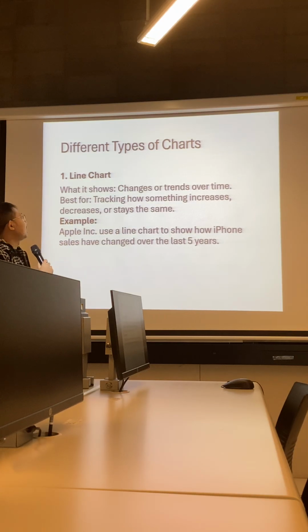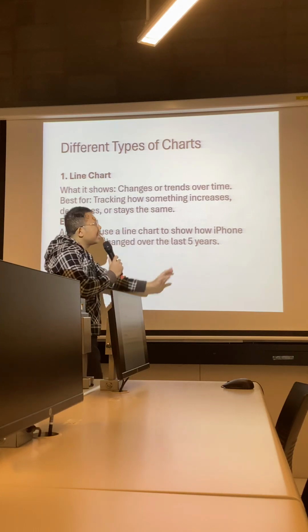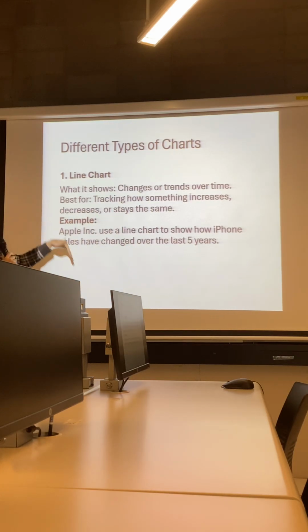It is very suitable for tracking how something increases, decreases, or stays the same, because you can see it easily in the graph. For example, Apple uses a line chart to show how iPhone sales have changed over the last 5 years.